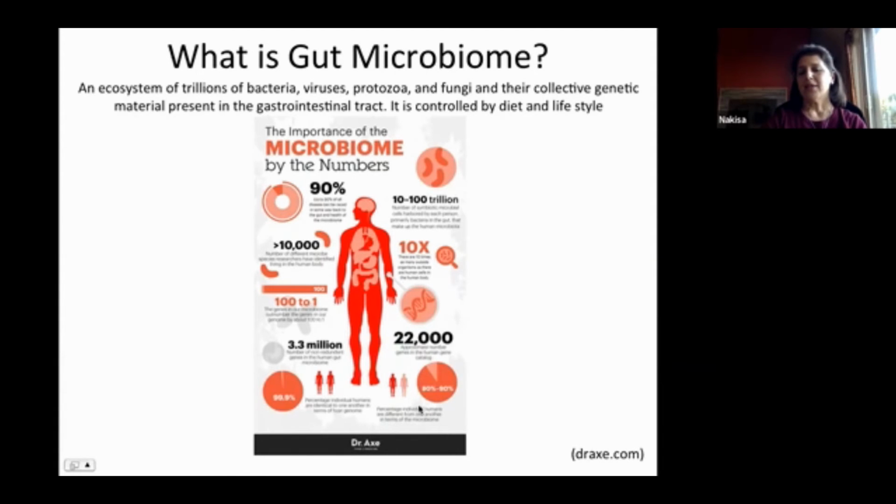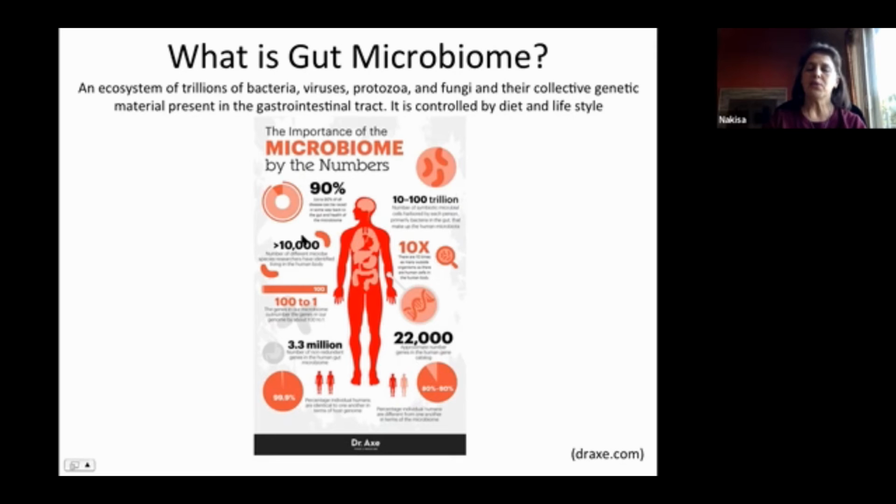And humans are from 80 to 90% different in their microbiome. However, in our own human genome, we are about 99.9% similar. So you see how important it is to take care of this microbiome. It's almost like we're a shell taking care of this soup of microbes inside us.